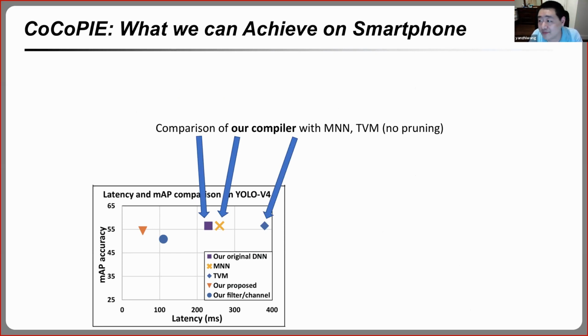TensorFlow Lite is too slow, more than 700 milliseconds, so we don't even include it in this slide because it affects the overall readability of the slide. So this is the advantage of our compiler. And next, we're going to see the advantage of compression.